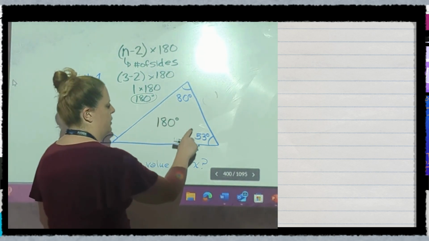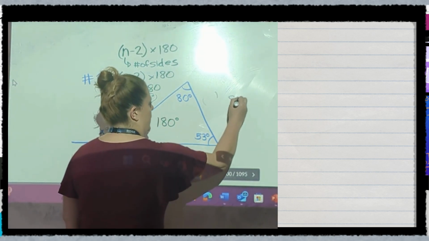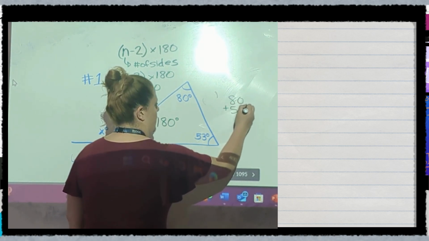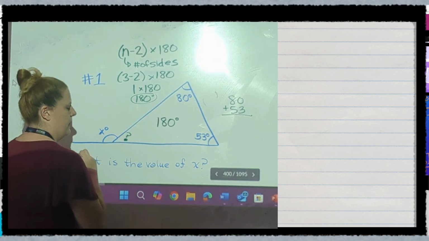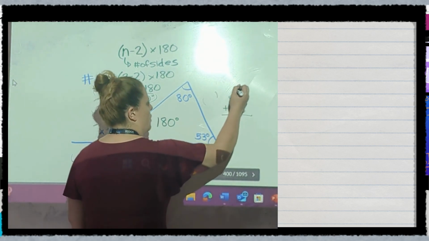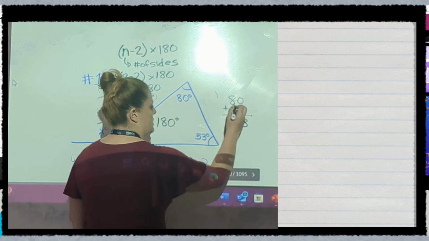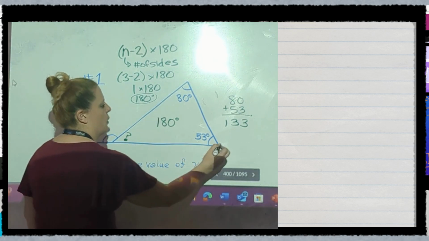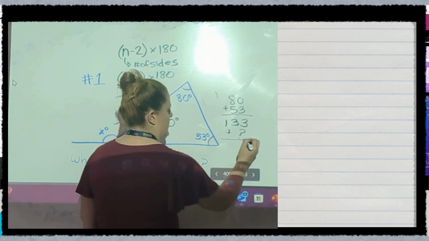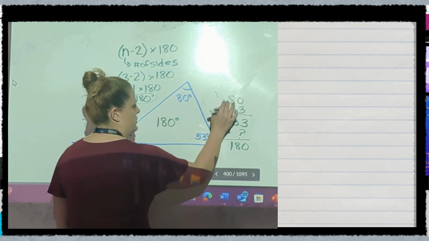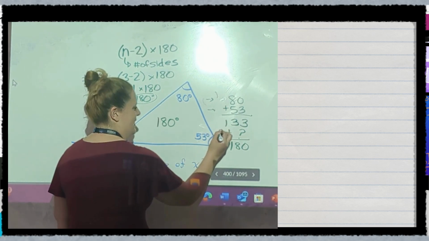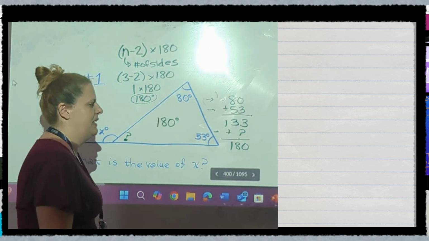We have 80 and 53, so we have 80 plus 53. We do not know this one, but we know if we add it to 133, it should give us 180. This one plus this one plus this one should be 180.